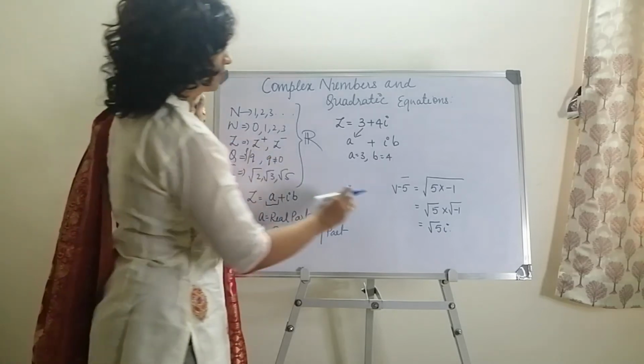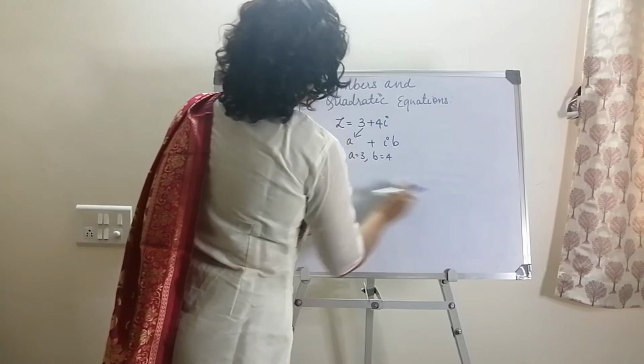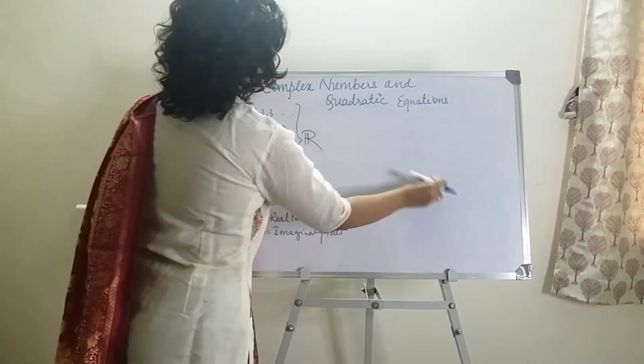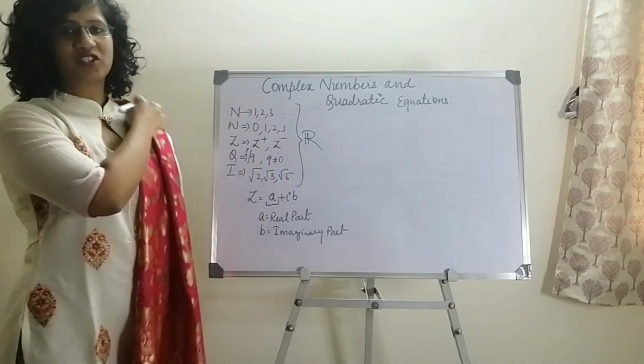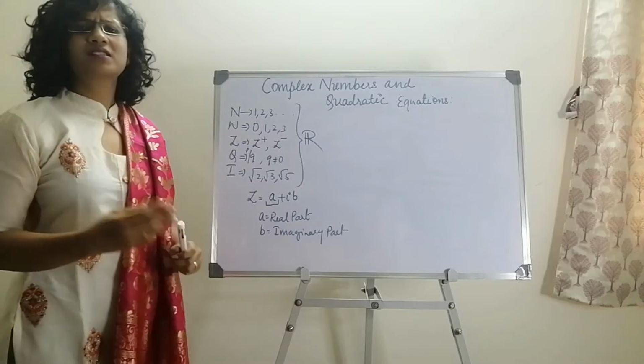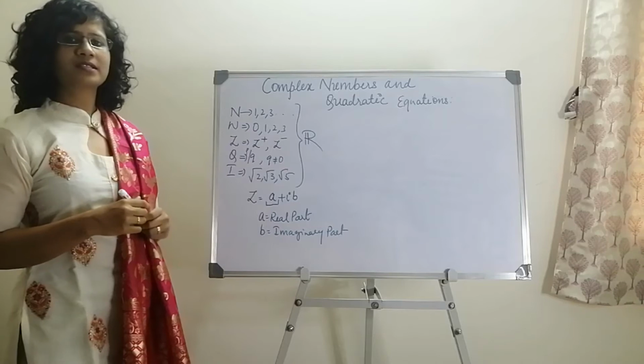So next we come to different varieties of operations under complex numbers. In complex numbers, we have addition, subtraction, multiplication and division. The basic four operations are there in complex numbers as well.